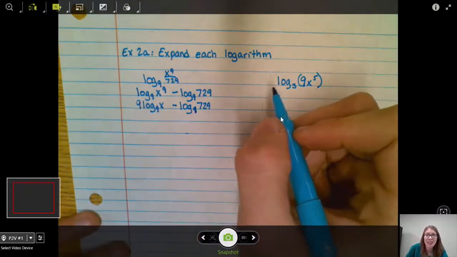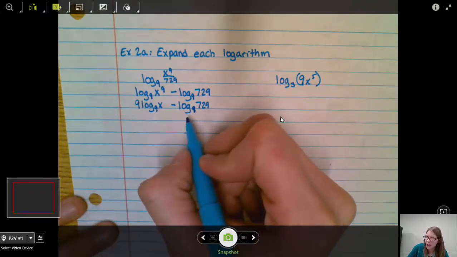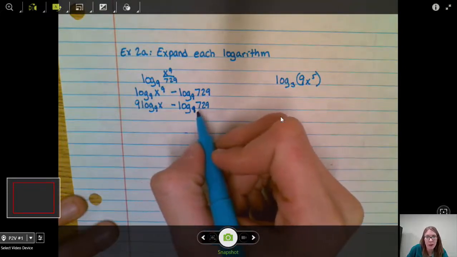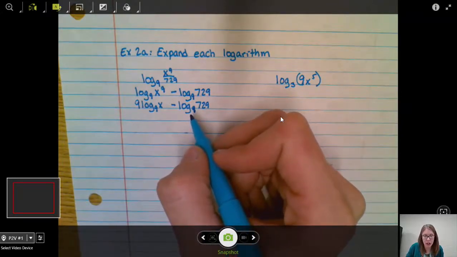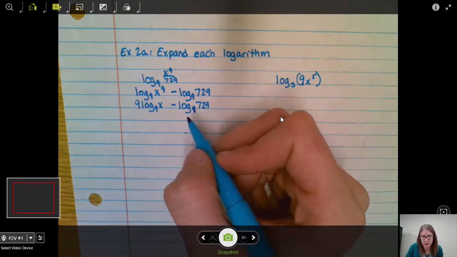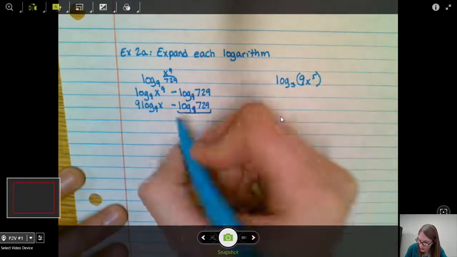And the very last thing that I can do, if you have your power table, let's check and see, does 9 to a power equal 729? It is. 9 to the third power is 729. Okay, so this is all 3.